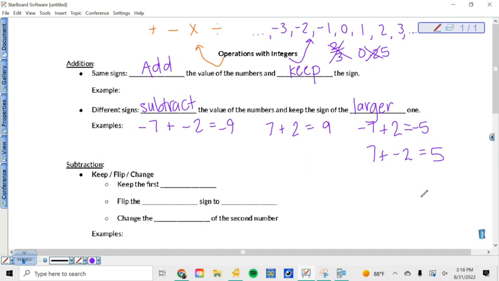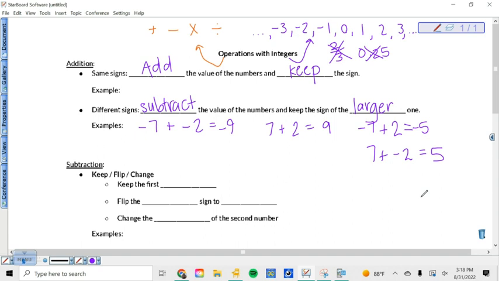So if I've got -7 plus -2, I think about it like Wyatt borrows $7 from me one day, and then the next day he comes back and borrows $2 more. That means that he's going further into debt, right? So now he has -9. He owes me $9, right?